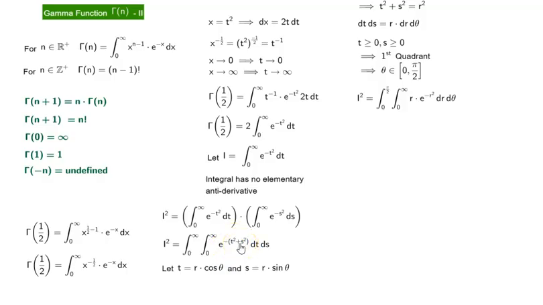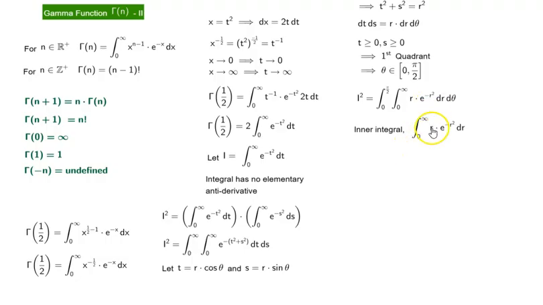T square plus s square is r square. So we have e to the power of minus r square. Then we have dt ds. We are substituting it with r times dr d theta. So substitution is correct. Now let's solve the inner integral first.